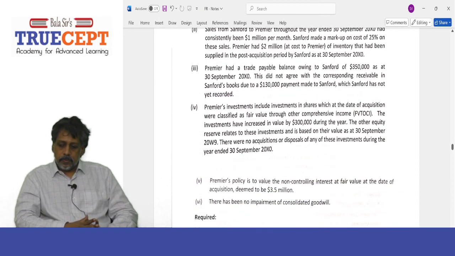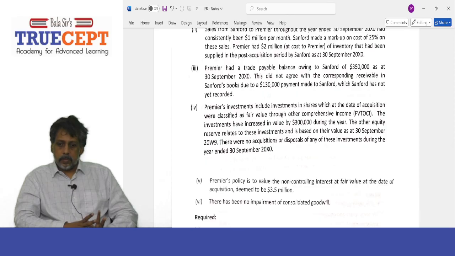Fourth one. Premier's investments include investments in shares which at the date of acquisition were classified as fair value through OCI. The investments had increased in value by $300,000 during the year. The other equity reserve related to these investments and is based on their value as at 30th September 20W9. Just come again with this point.